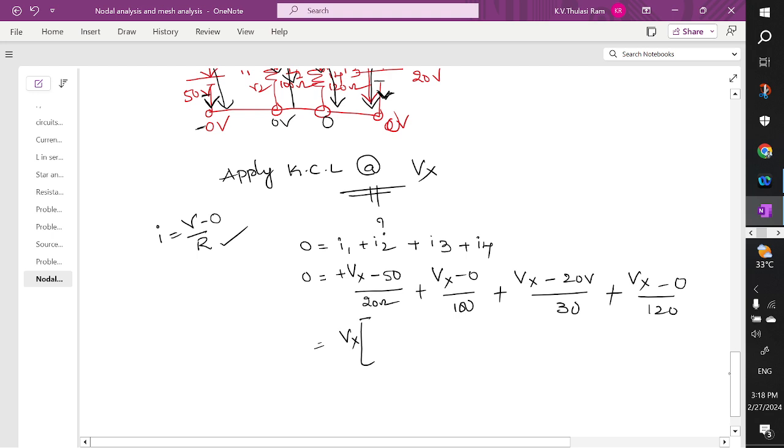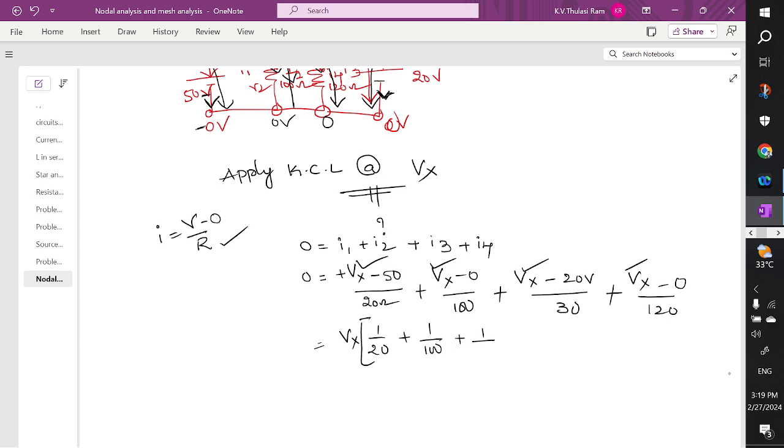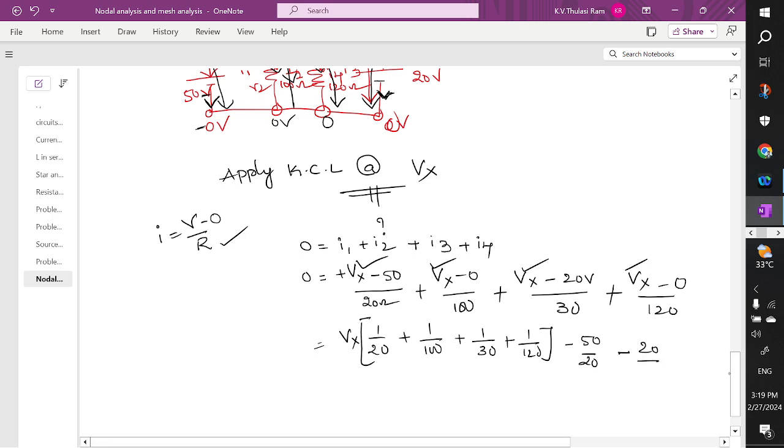You take Vx terms as common. So if you take Vx as common, this is 1 by 20 plus 1 by 100 plus 1 by 30 plus 1 by 20, minus 50 by 20 minus 20 by 30.